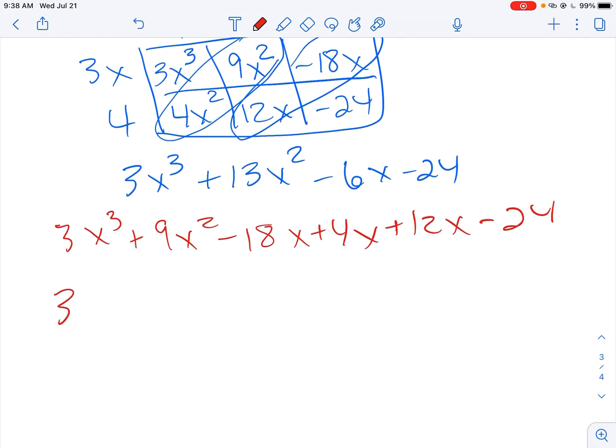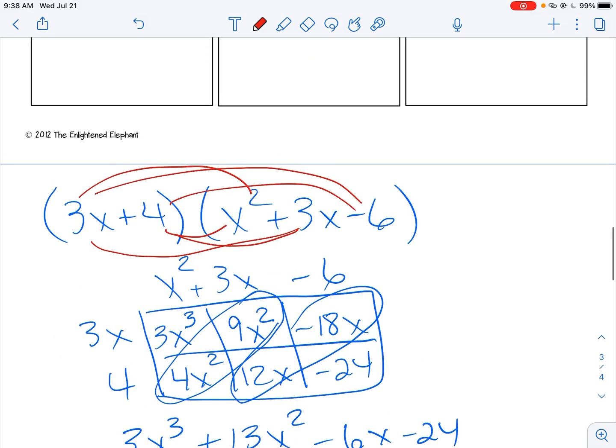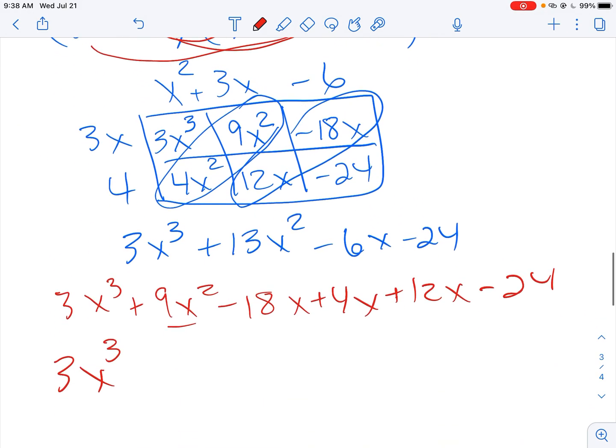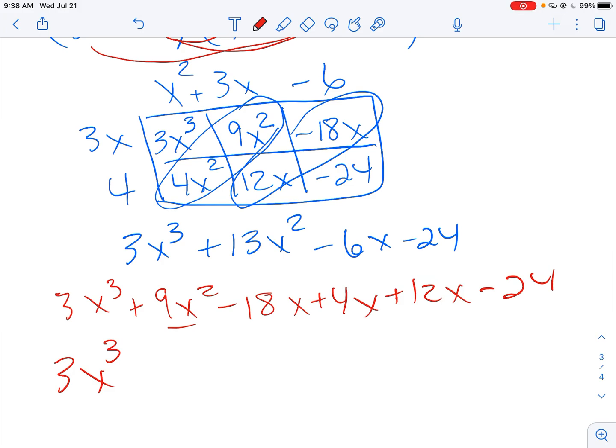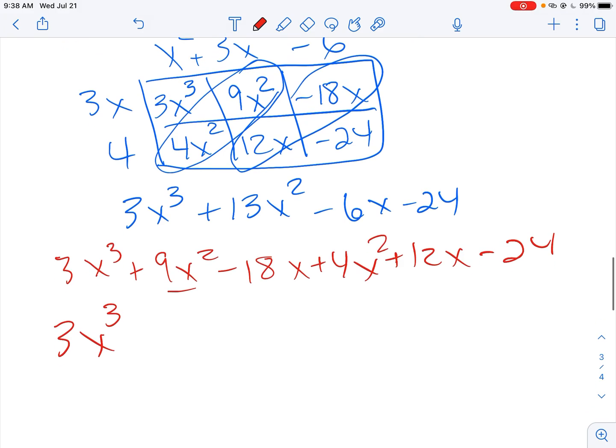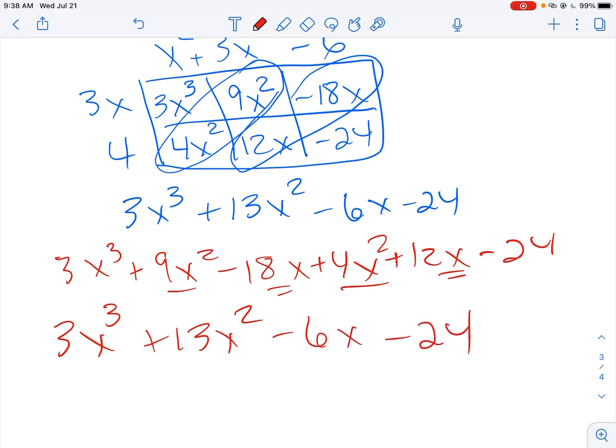And amazingly, that combined, ooh, I messed up. 4x squared, oh, this is 4x squared. Those would combine, I would get 13x squared. This would combine and get negative 6x minus 24. Okay, so it doesn't matter which way you do it, it will still come out to the same answer.